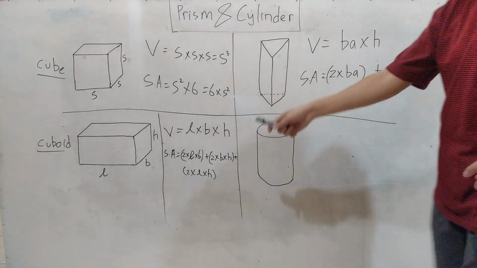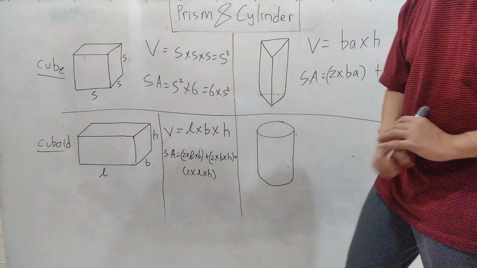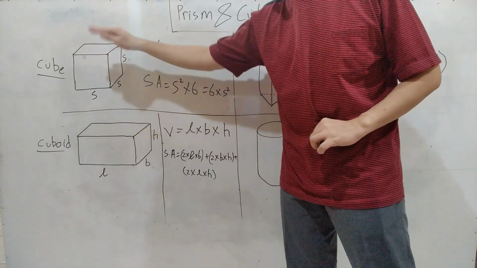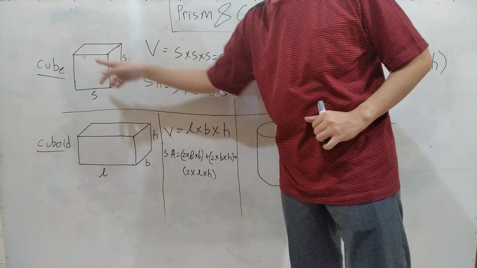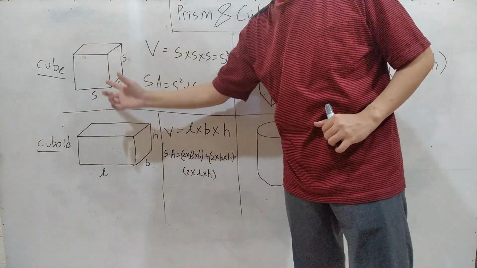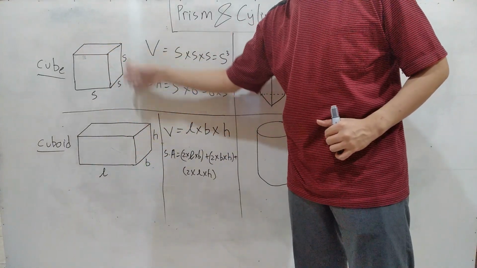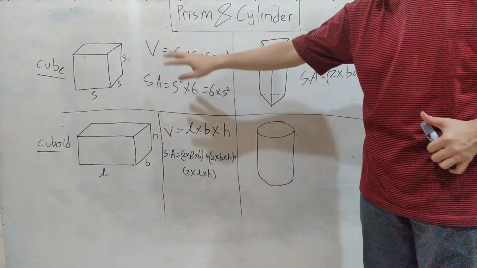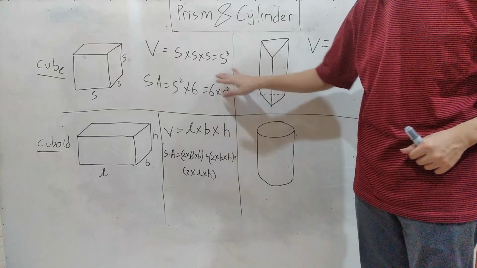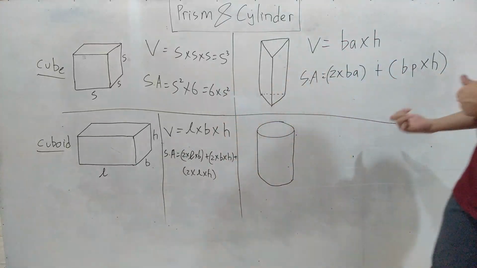Will it work with cuboid and cube? Yes, actually it will. You will just add the top and the bottom, and then the perimeter of the top or of the base times the height. You will get the same, but for cuboid and cube, it will be easier to use the other way.